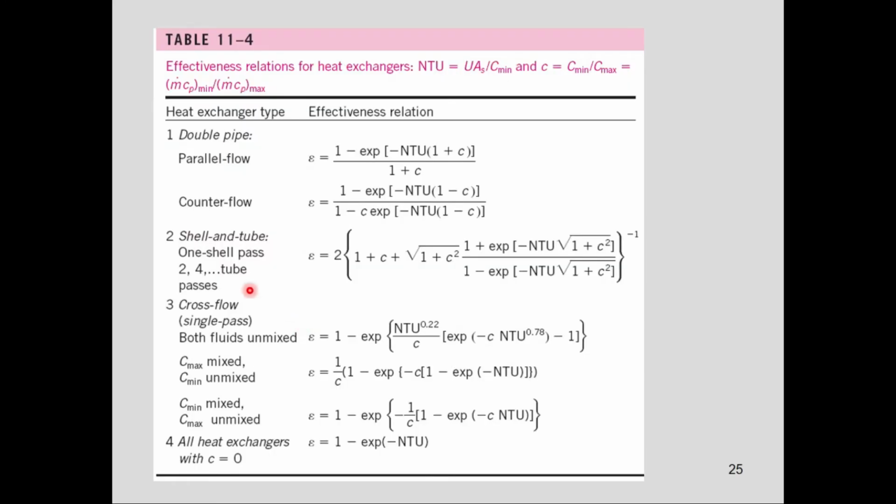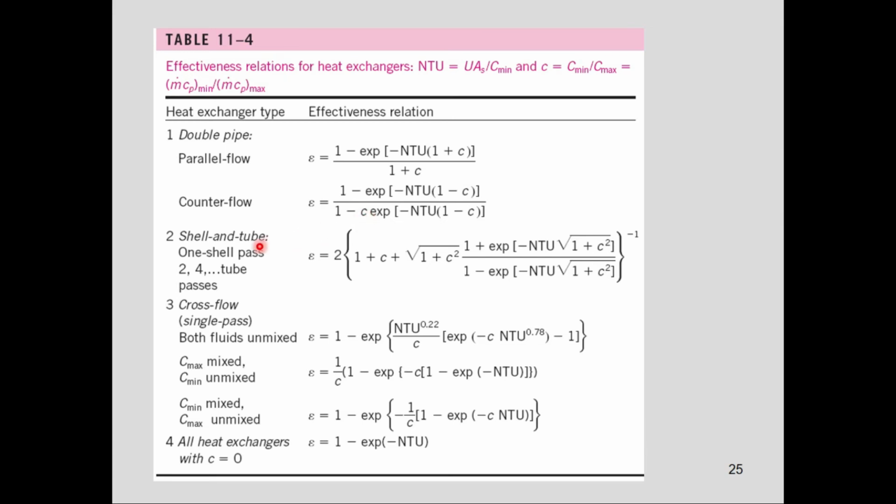So this is the table which will give you the different relationships for the effectiveness of heat exchangers for different configurations, right? For example, this is the double pipe parallel flow arrangement. You have just seen the value of the effectiveness in the previous slide. So this is the expression for the counterflow.